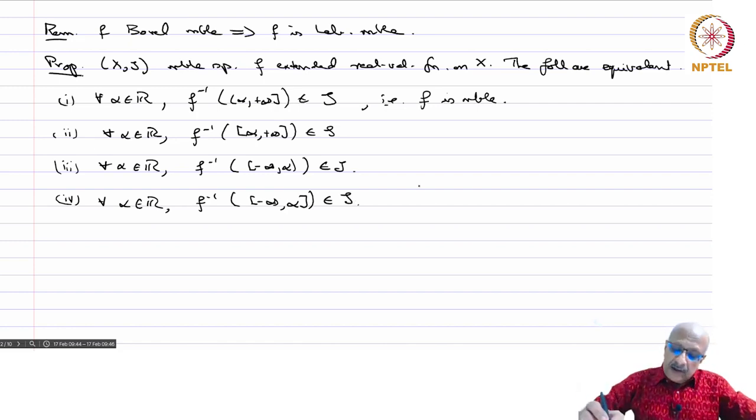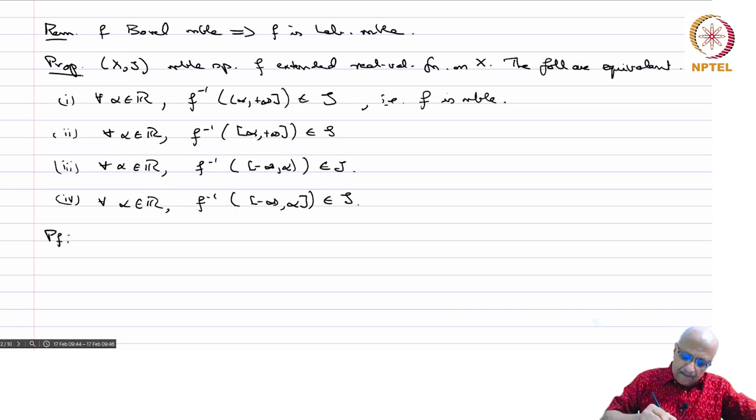So the set of all x such that f(x) is bigger than alpha is in S, that's a definition, but you could have also defined it by the set of all x such that f(x) is greater or equal to alpha, the set of all x such that f(x) is strictly less than alpha, the set of all x such that f(x) is less than or equal to alpha. All these sets are in S. So each of these implies the others, and therefore you could have defined measurability using any of them.